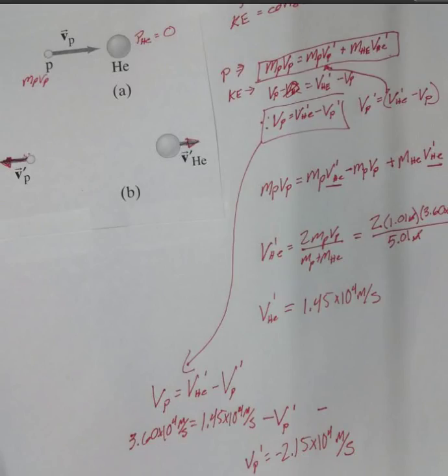It's going to make the helium move much slower to conserve momentum. The lighter proton is going to bounce back from the helium nucleus, and it's going to be less than its original velocity, and the helium is going to move off with some velocity, but its velocity will be less than that of the proton.